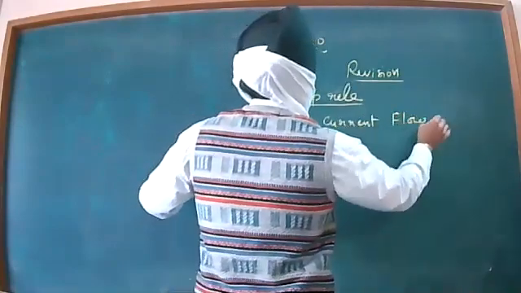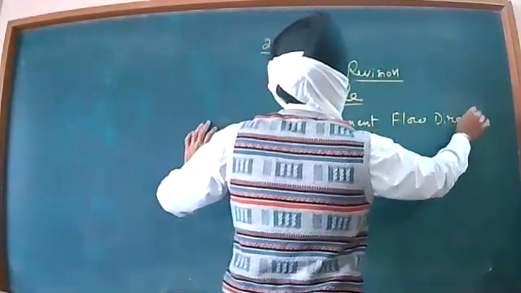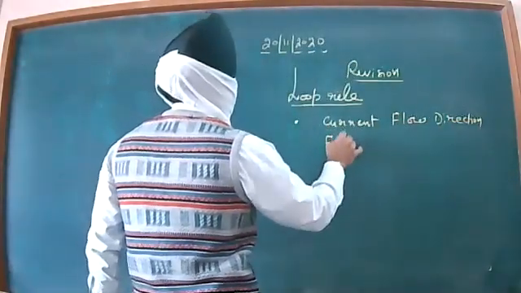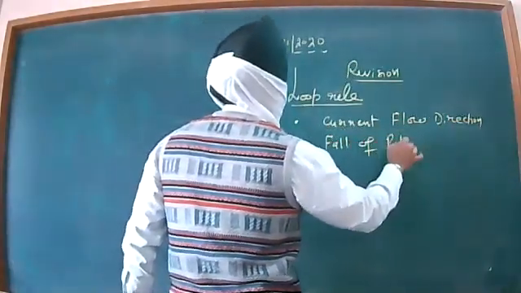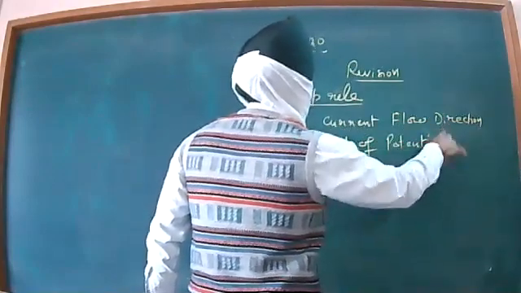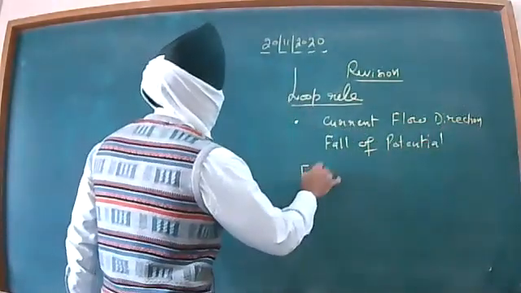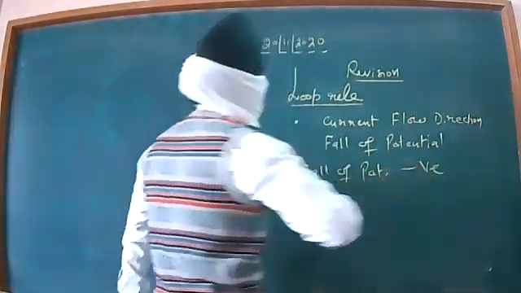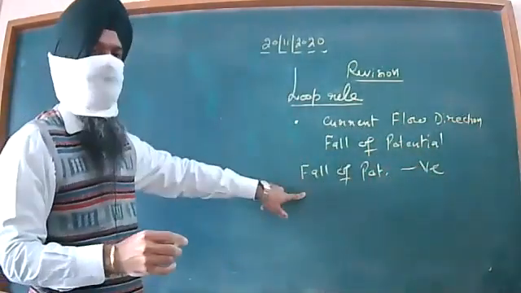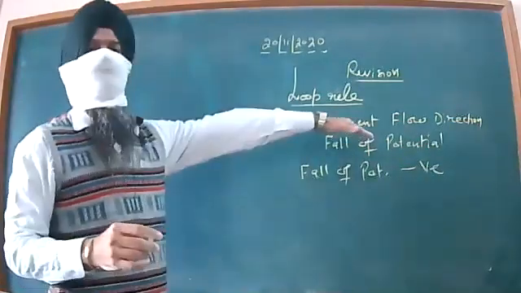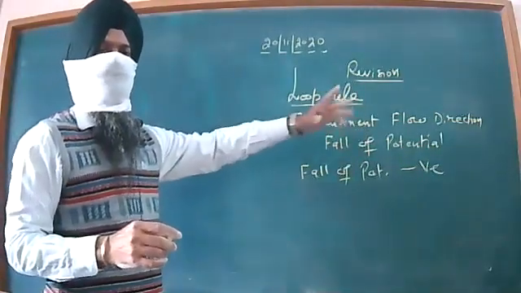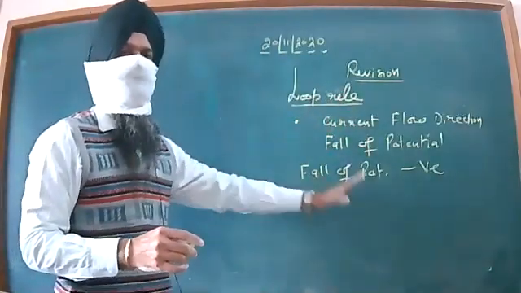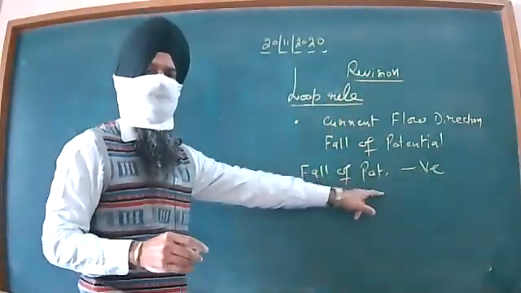The direction of current flow is the direction of fall of potential, and the fall of potential will be treated as negative. This is a very important point. In the direction in which the current is flowing, the potential is decreasing, and that decrease will be treated as negative.